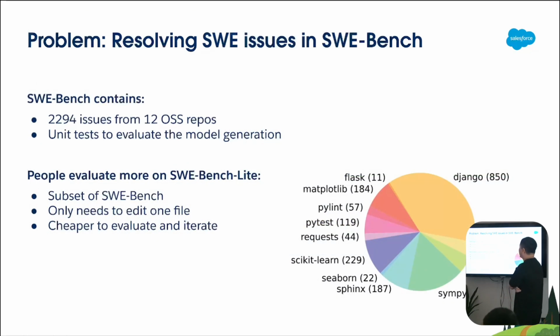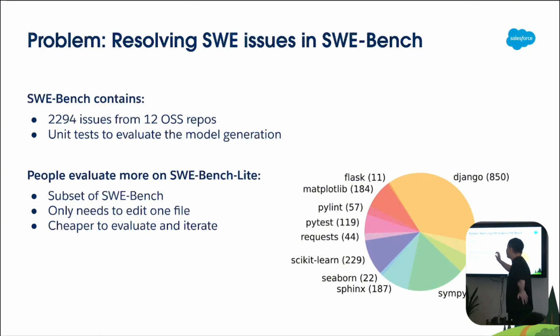And here are some stats about this SWE-bench benchmark. The most comprehensive one, SWE-bench original, has around 3,000 issues from 12 open source repos. You can see Django, scikit-learn, Seaborn, PyLint, PyTest, and matplotlib. All these are very popular and well-maintained open source repos, and they contain ground truth unit tests to evaluate the model generation.